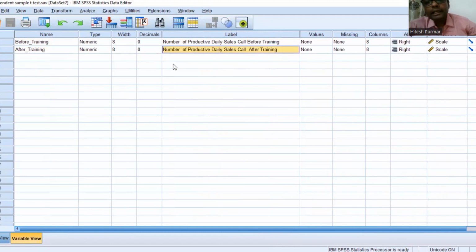Some training is given, and their productive daily sales before that training were measured, and after the training were measured, and then we compare before and after.